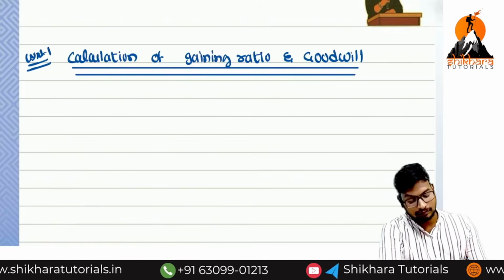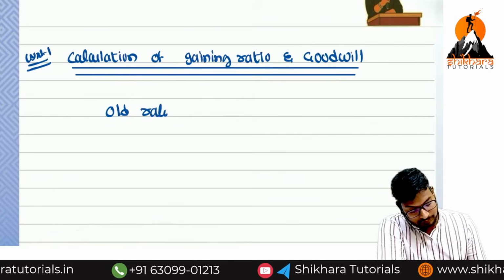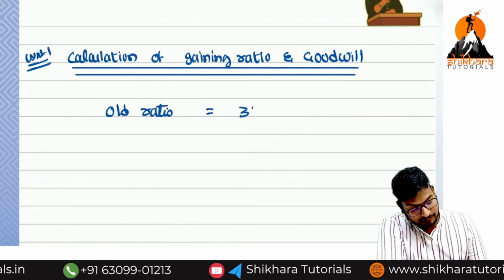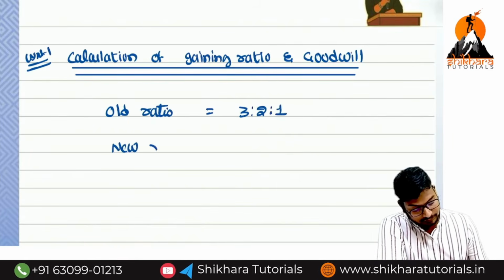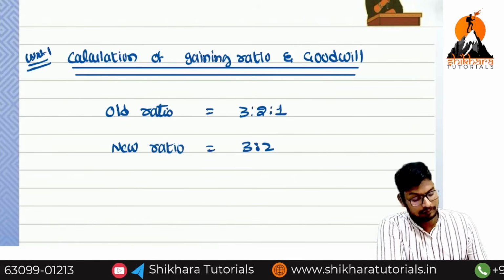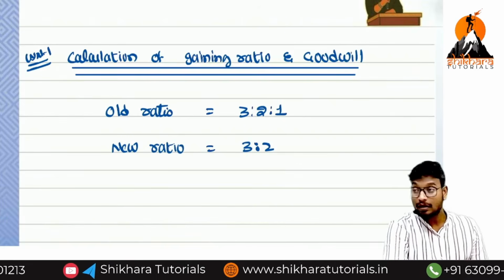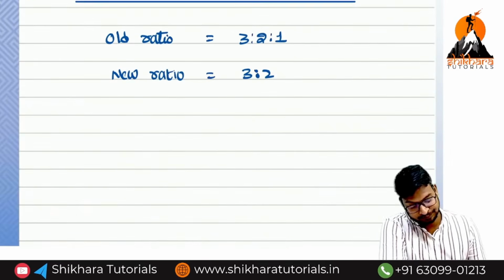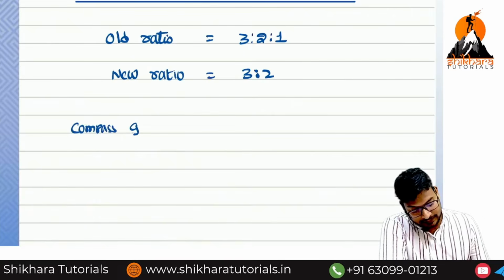Can you see the old profit sharing ratio? 3:2. Ratio 3:2 for Compass, and only Circle will be the gaining ratio. Compass gaining ratio equals 3/6.